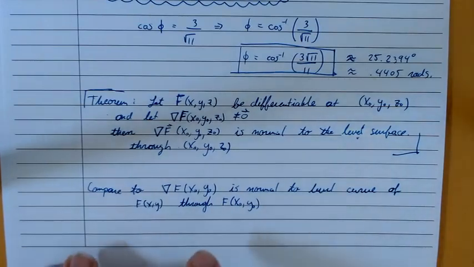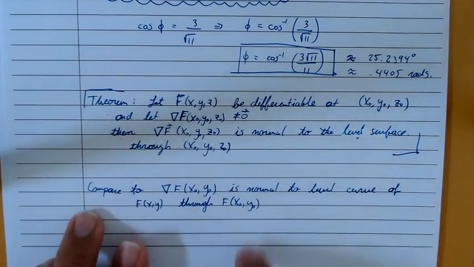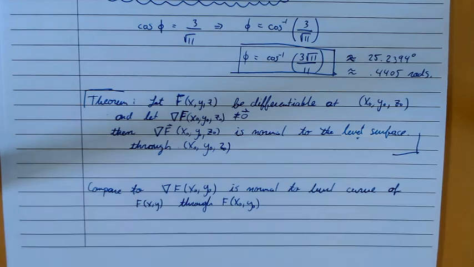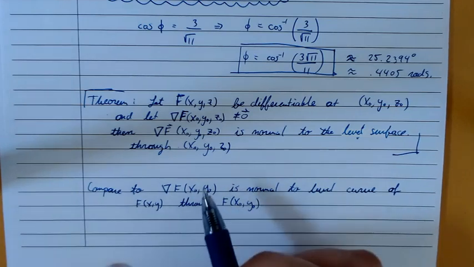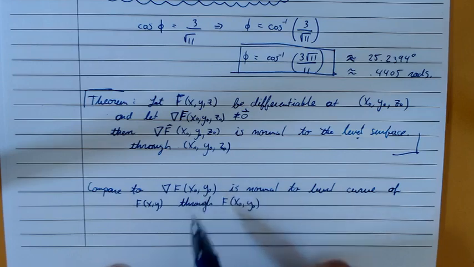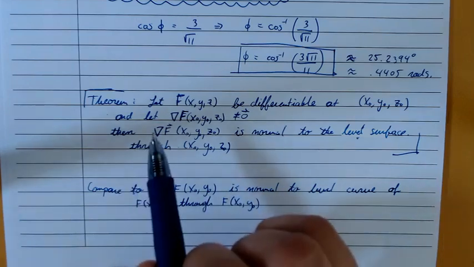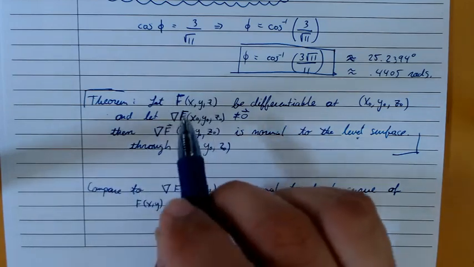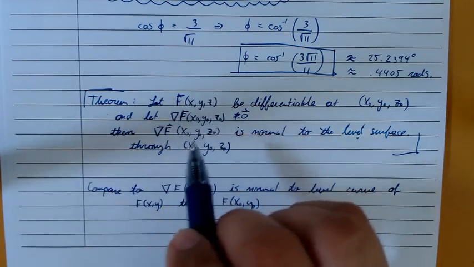And this essentially shows that everything we see in this section is just an extension of what we see when we first introduce the gradient of a function of two variables. The gradient is a vector in the plane. Now that we're in this section looking at functions of three variables, our gradient is a vector in space.